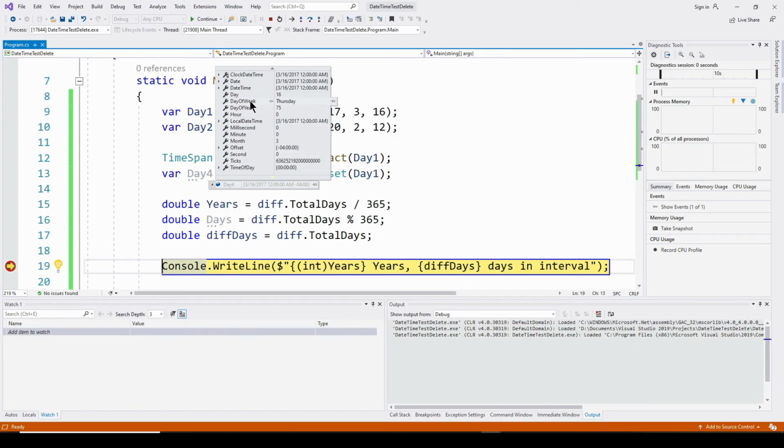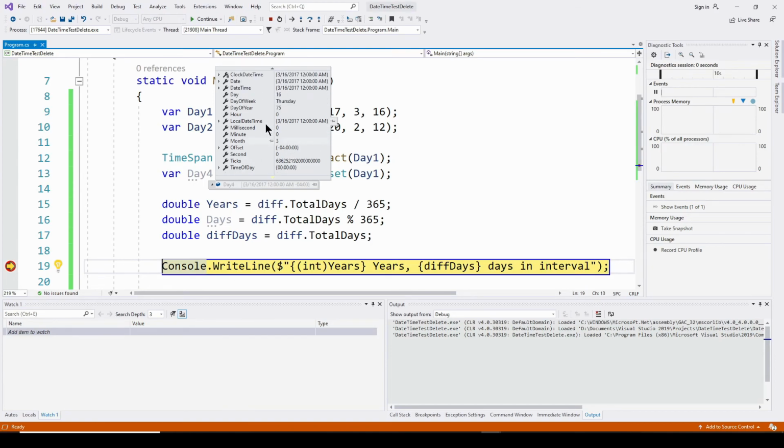It can tell us what day of the week that was, the clock time, date time, hour, day of year. It's got a lot of information, and down here it's got UTC date time. So midnight on 3/16/2017 is actually 4 a.m. because it's 4 hours ahead in this case.